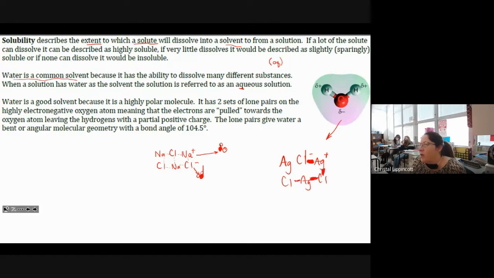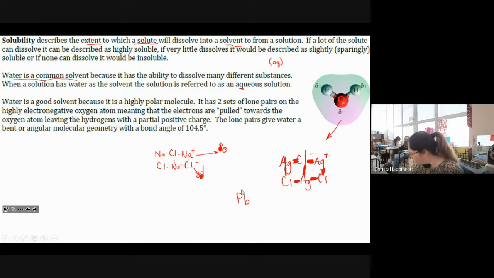And therefore, silver chloride is not soluble in water because they are held together too tightly. So the attraction for these is greater than the attraction over here. And a lot of times you see that in your heavier metals, like lead is very common for that to happen with.